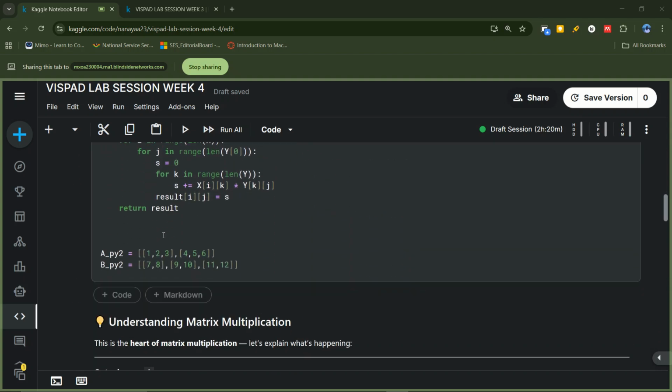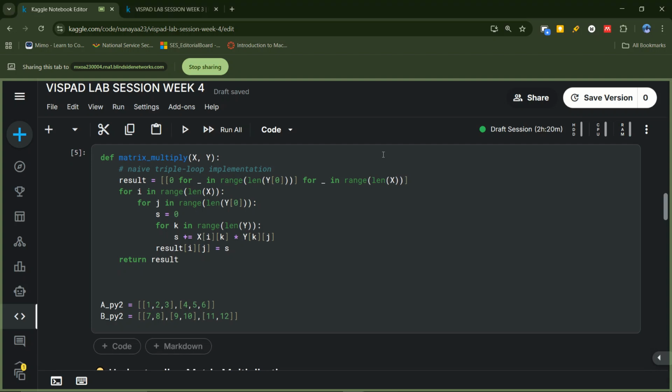Great. So we have all these. If you were following everything I said from the very beginning, you'll be able to understand what this is. This underscore here shouldn't confuse you. It is just a variable. So for i in range this, for j in this, s equal to this.